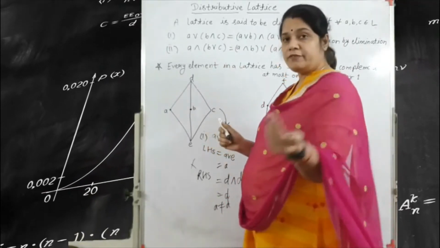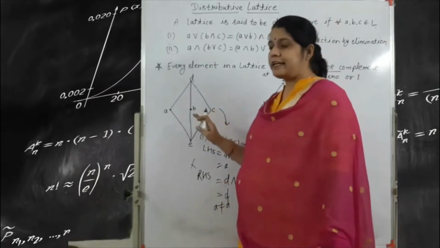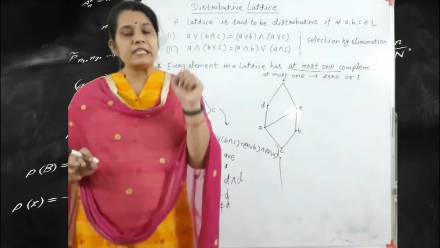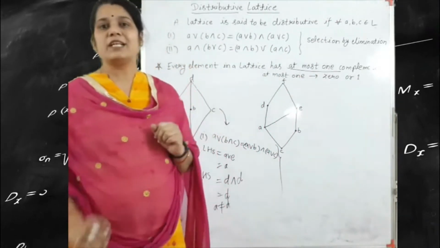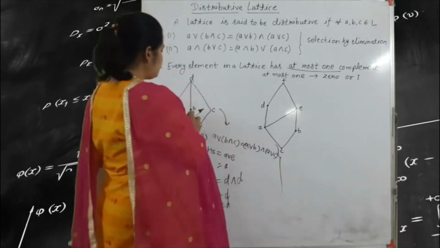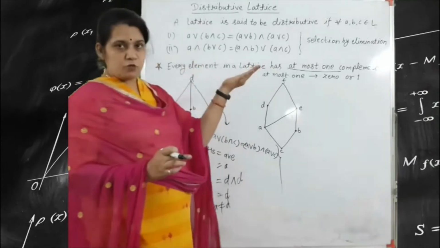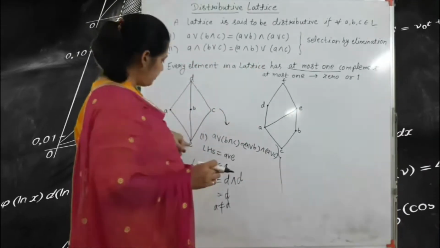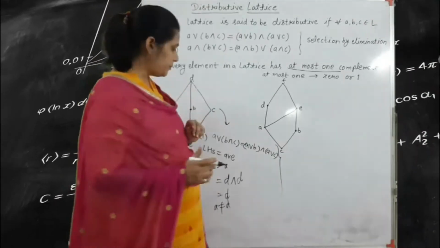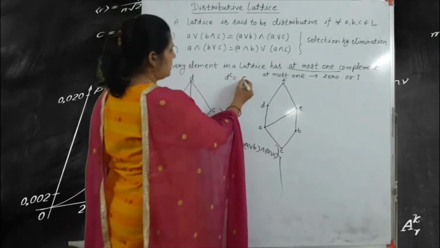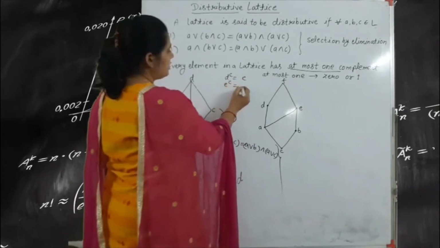Okay, so if we use just ideas, according to ideas, you find out very easily whether this is a distributive lattice or not. Okay, so let's start here. First we check the upper bound. Complement of the upper bound is equal to lower bound and complement of lower bound is equal to upper bound. So we write here the complement of D is equal to what? E, and complement of E is equal to what?